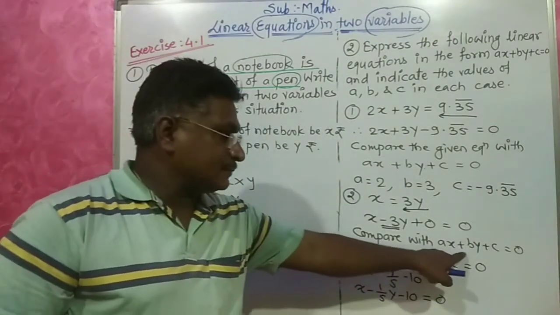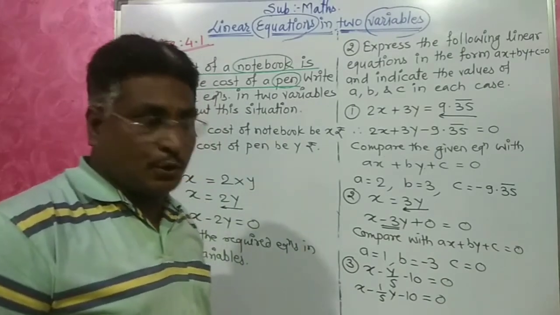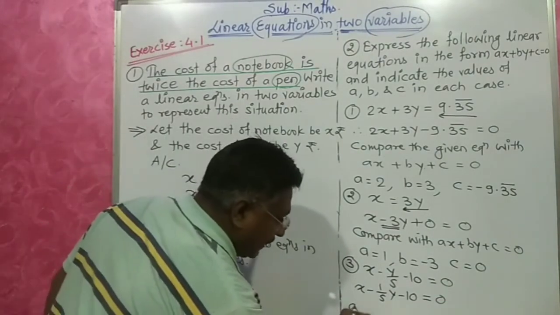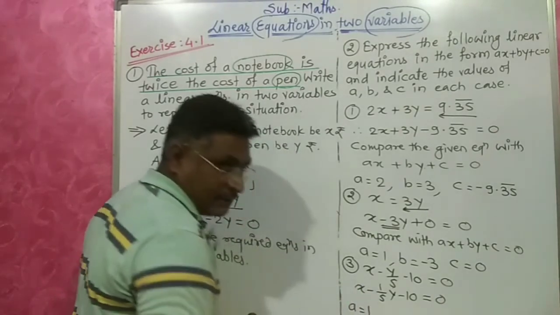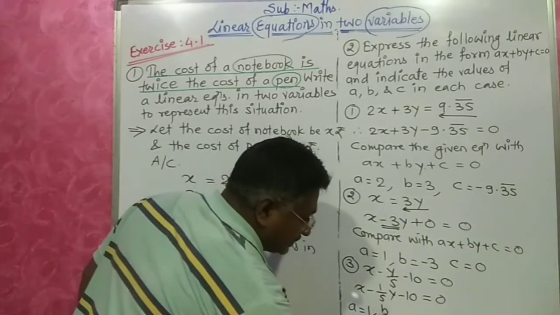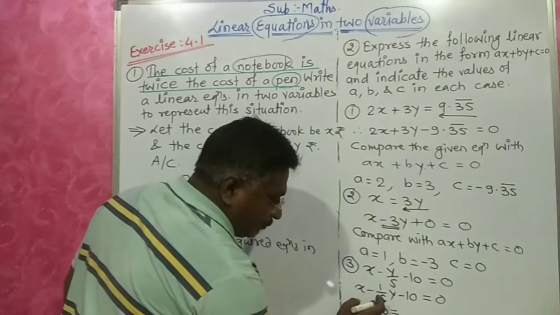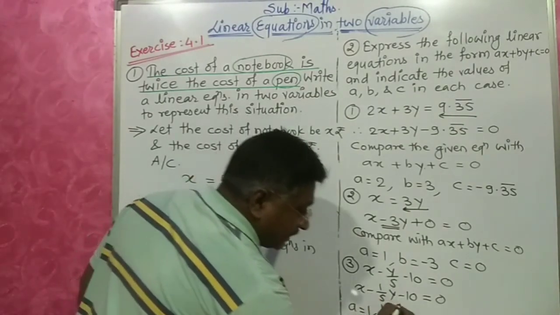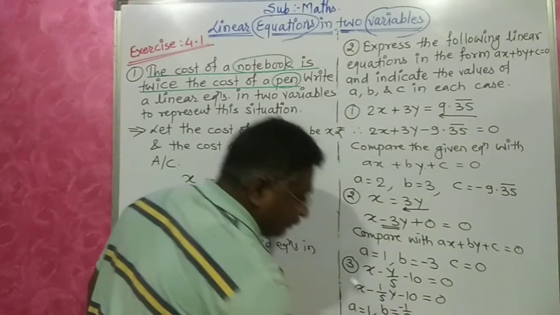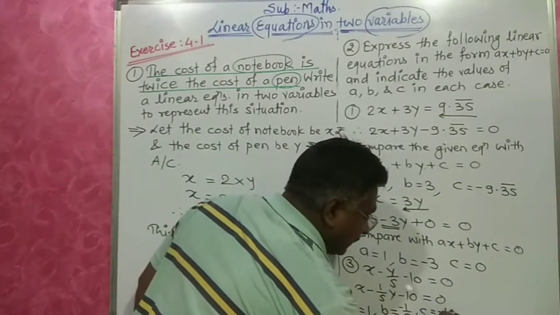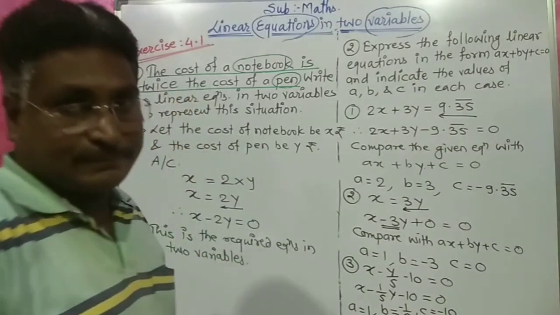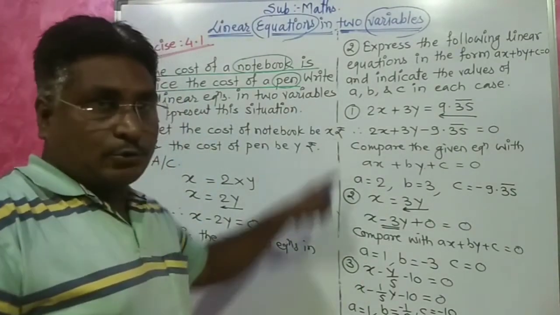Compare with ax plus by plus c equals 0. So then what is the value of a? With x what is there? 1. So a equals 1. What is the value of b? With y which number is there? Minus 1 by 5. So b value is minus 1 by 5. And what is the value of c? Minus 10. Okay student, how to solve?